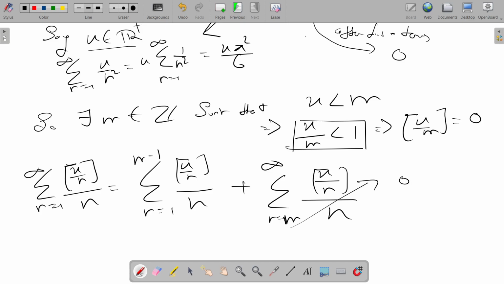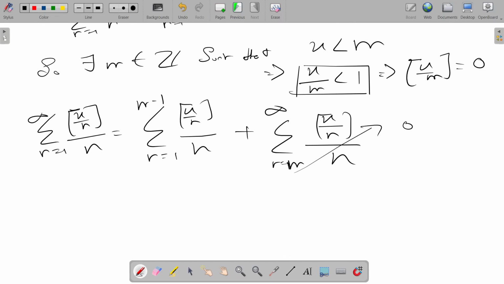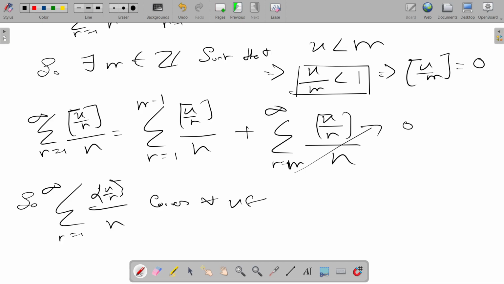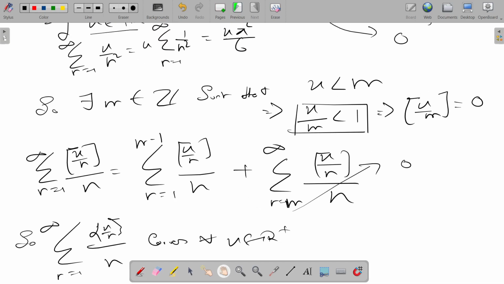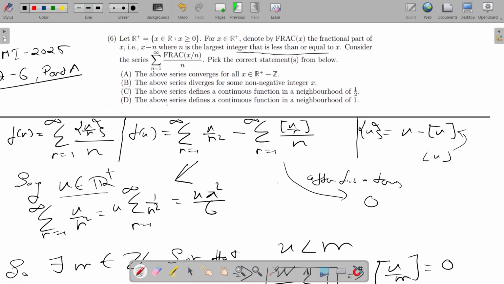This will go to 0, because for m plus 1, m plus 2, whatever, x by n is less than 1, and box of something between 0 and 1 is 0, so this will go to 0. So this whole summation is nothing but only finite terms, right? So this whole thing, fractional part of x by n, converges for all x belonging to R plus. We have proven this. Okay, so this is true.